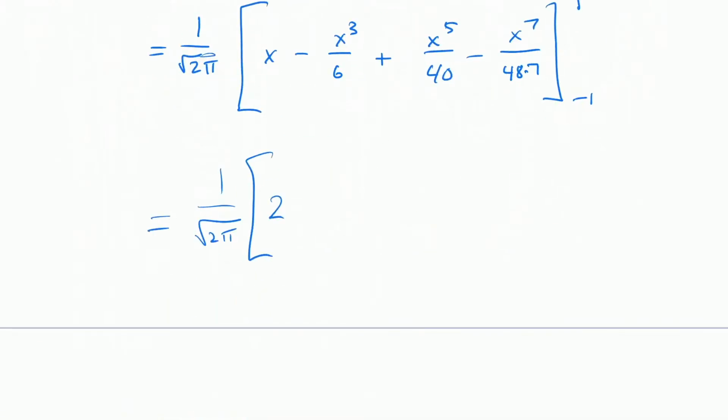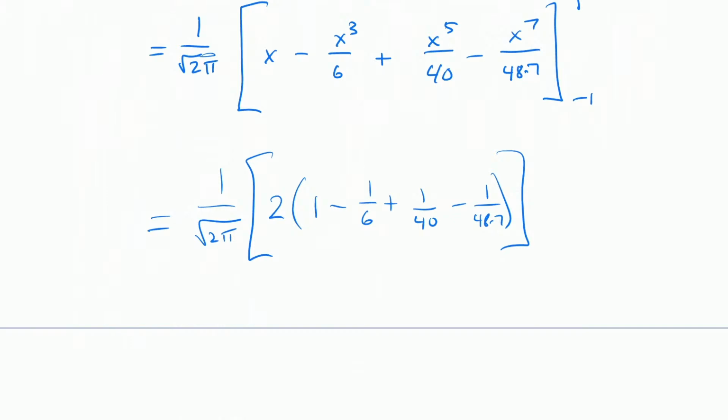You can actually plug in both limits if you want to, but I'm just going to use this symmetry argument. So 1 over 48 times 7. And at this point, I'm happy to pull out my calculator because I don't want to have to do this in my head. Apparently my head is not working quite right this morning.